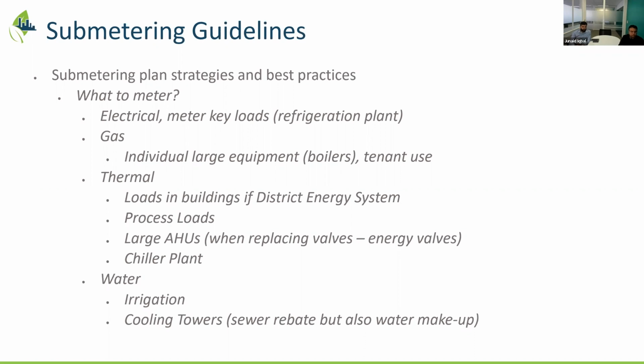And this data can also help us in developing some predictive maintenance plans for the major assets. Like you mentioned, it does not make sense to install sub-meters on everything, but it does make sense to identify some of the major assets and install sub-meters. So it could also help us in advancing our predictive maintenance strategy.